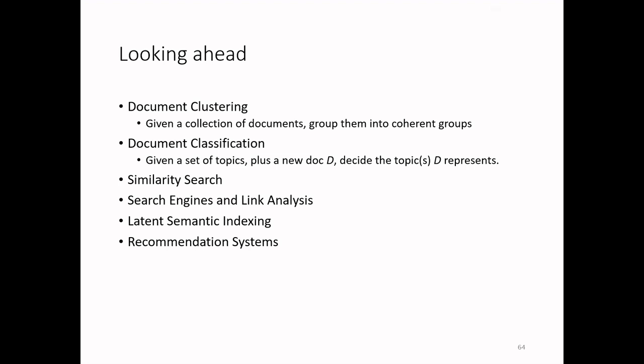So with this description, let's look ahead at what we are going to be doing in terms of the text and all that. Obviously, we will be coming back at some point to document clustering, because once you know how to represent documents as vectors, we can do clustering. So we'll be doing document clustering to organize a given collection of documents. We could perform document classification.